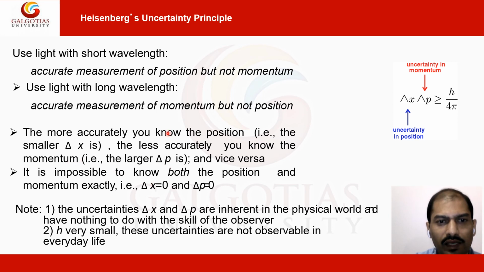If you change to light with a longer wavelength, then you cannot measure the position accurately. So there is uncertainty in either position or momentum depending on the wavelength of light, and vice versa.